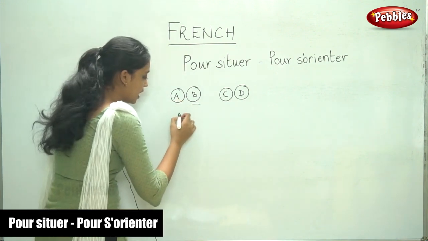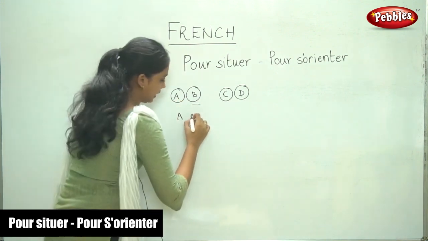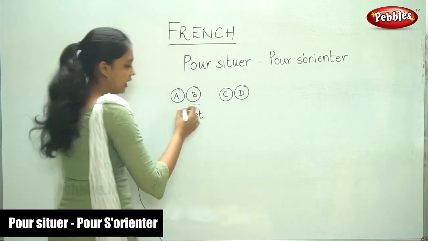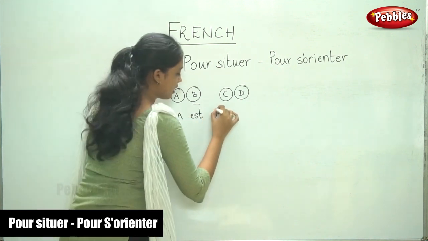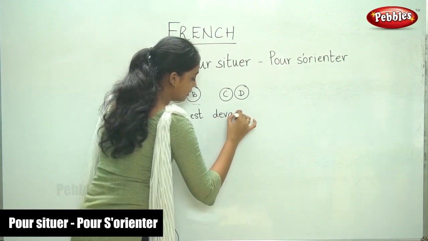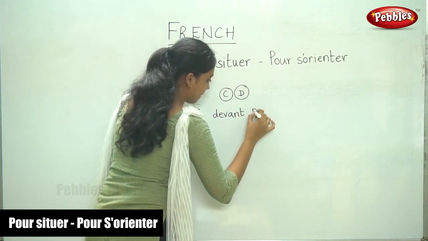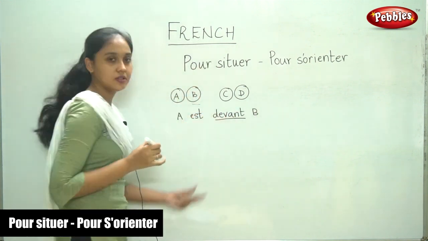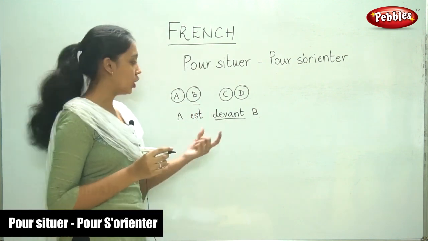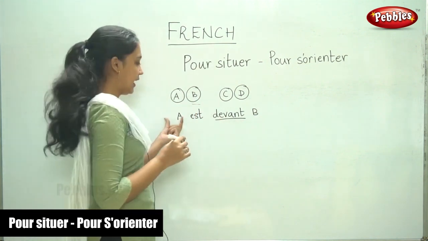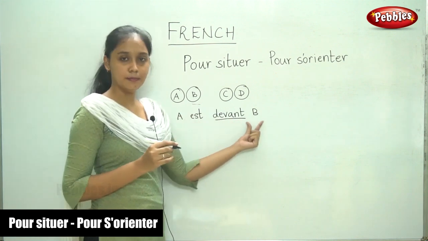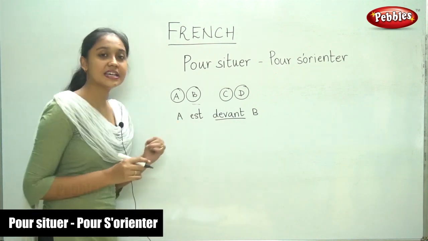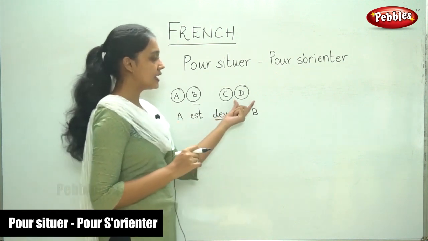So, A is devant B. So, devant is before or in front of. A devant B. What was the next sentence that I told you?